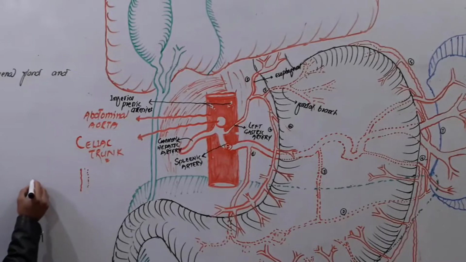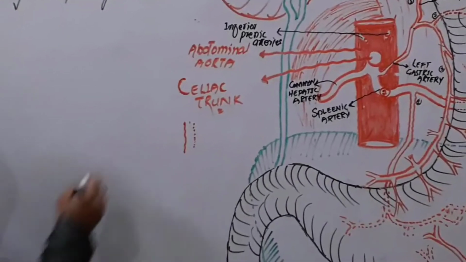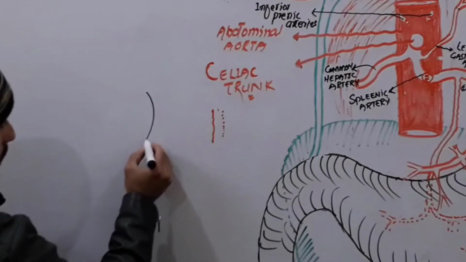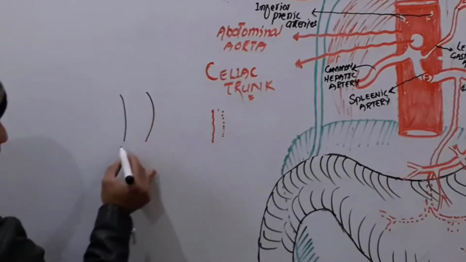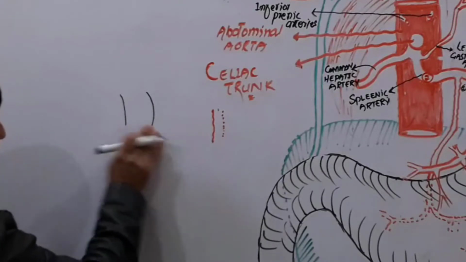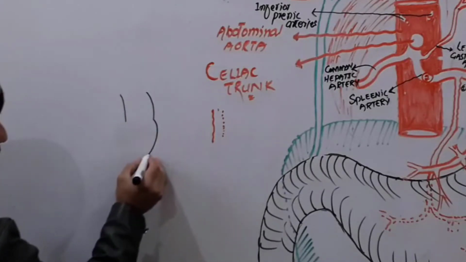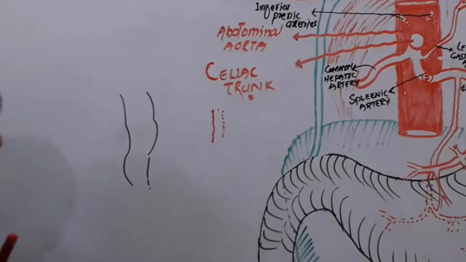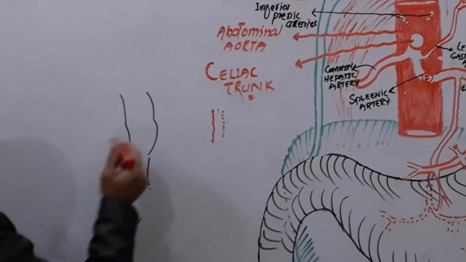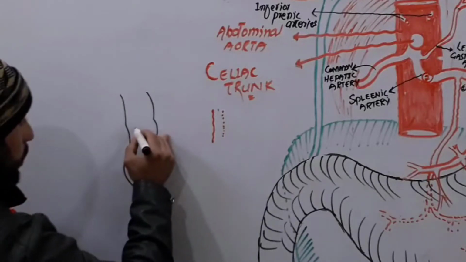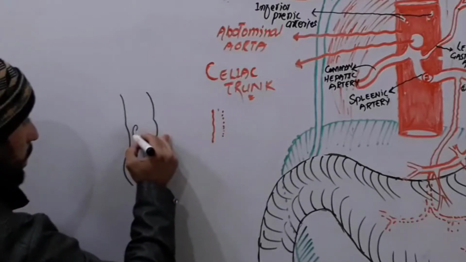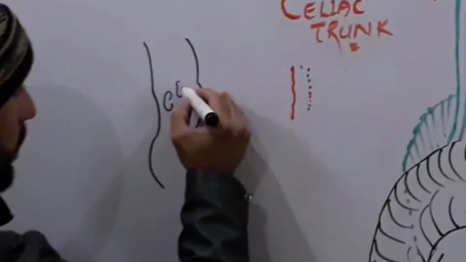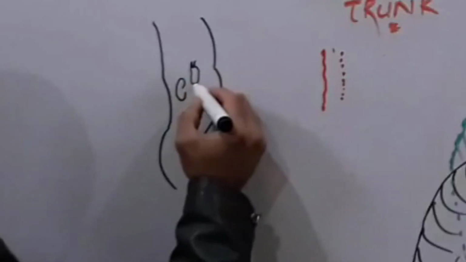How? Look carefully. If you're looking at the person from the lateral aspect, let me draw a person here. This is his thoracic cavity, this is his back, and then there is his abdominal cavity like this. This is again his back. Here in the abdominal cavity are the kidney, for example, and here is the stomach of this person.